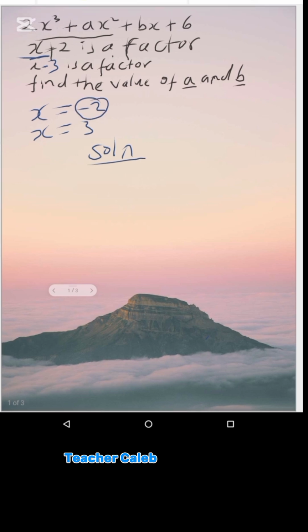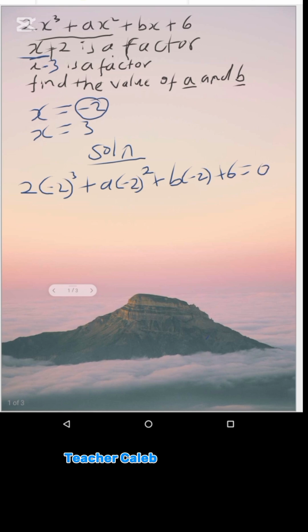Let's substitute negative 2 into the polynomial. We have 2 into negative 2 cubed plus a into negative 2 squared plus b into negative 2 plus 6, which should give us 0 because it's a factor.